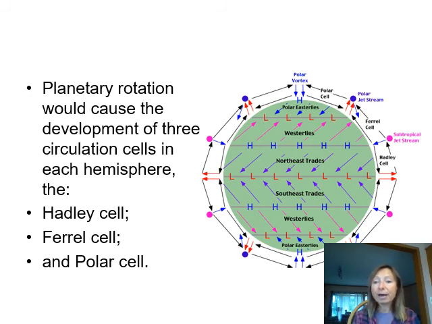So this air is also moved by the Coriolis effect, and as it is deflected, it's referred to as westerlies, both in the northern hemisphere where they're deflected to the right, and in the southern hemisphere where they're deflected from their original destination to the left.